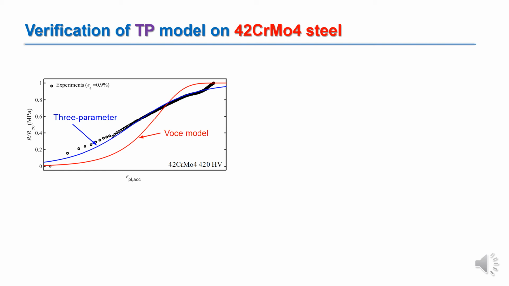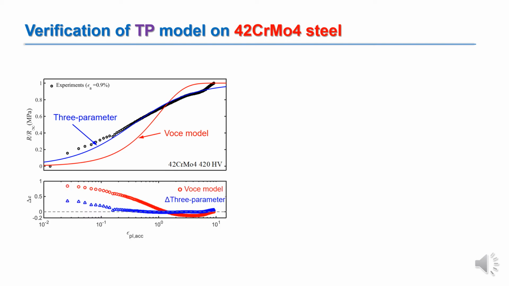For all examined cases, comparison is done also by the use of residual, which provides a local measure of fitting at each point. We can notice that the three-parameter model is able to capture much more precisely the cyclic softening evolution of the chromium molybdenum steel than the Voce model. This is even more evident if we watch residuals calculated at each point.